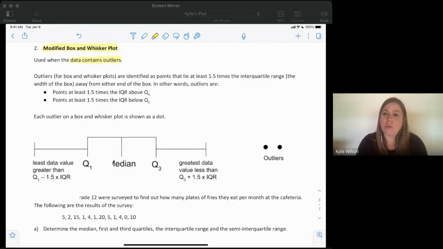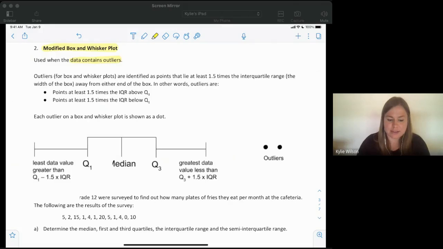Now, when we're working with a box and whisker plot, I want to actually identify whether or not a data point is an outlier. For your project, you don't need to go through the process of actually determining this information. If it's just way higher, you can count it as an outlier. But here we actually want to go through and determine specifically if one is an outlier or not.